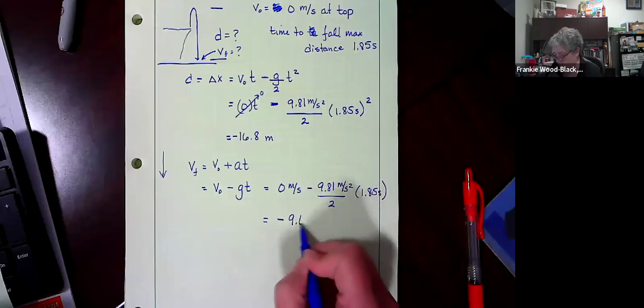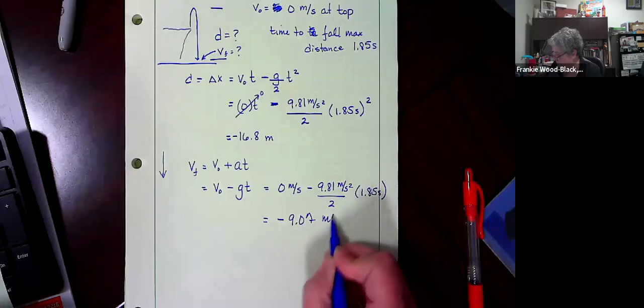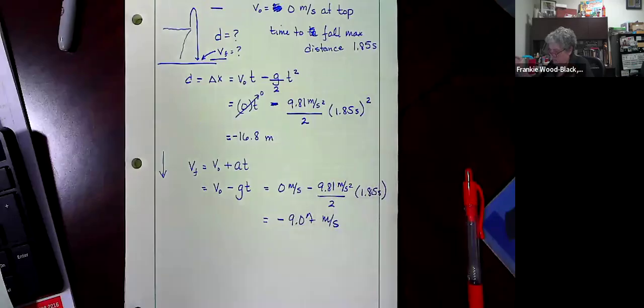We got negative 0.07 meters per second, and that number is not correct.